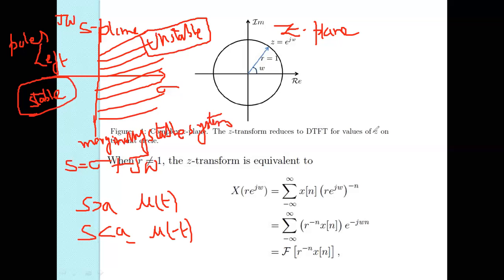So three conditions we will get. For the quadratic expression, the roots we get by using minus b plus or minus square root of b square minus 4ac. If we have complex roots, or the poles are present on the imaginary axis, then the system is a marginally stable system.